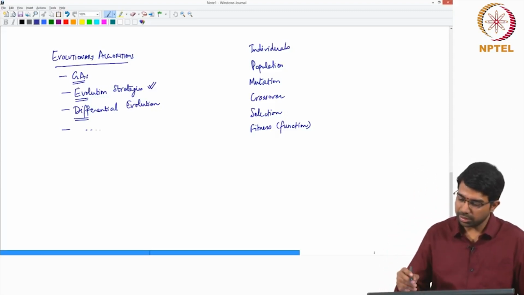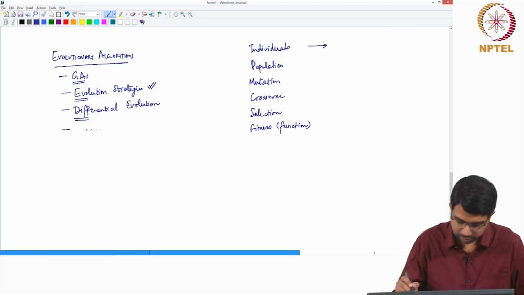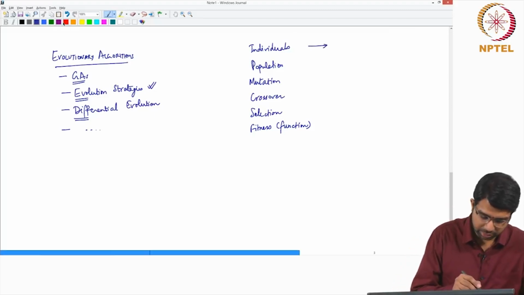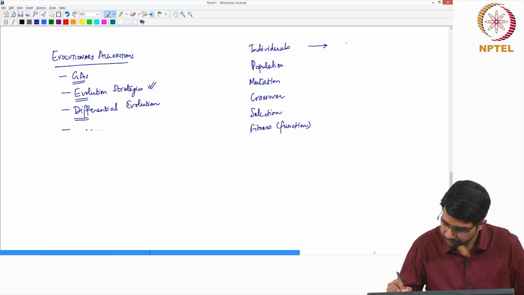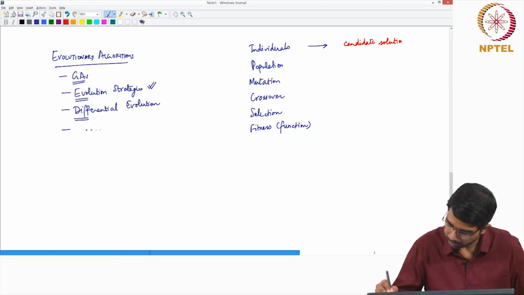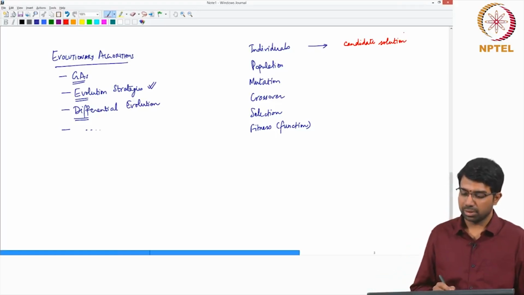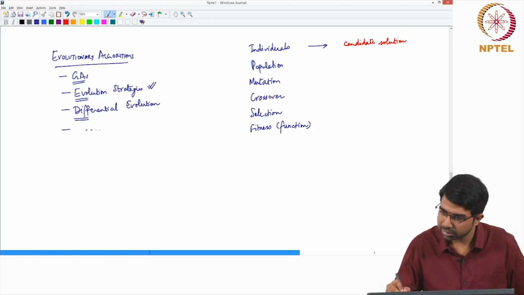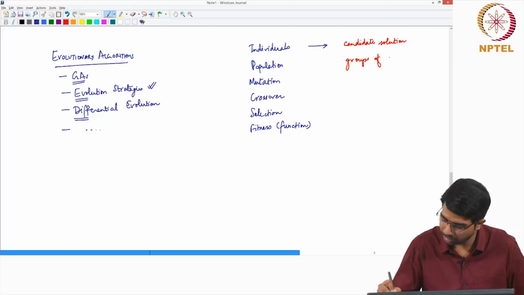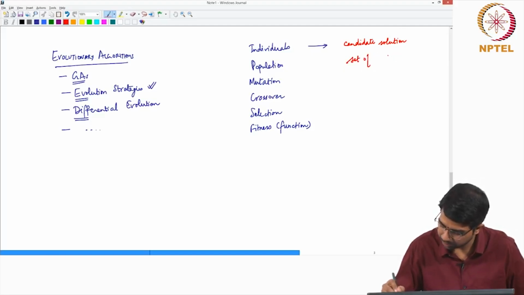So, what is an individual? It's essentially a candidate solution. Population is a set of individuals.